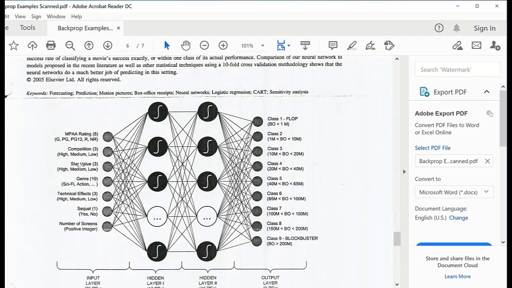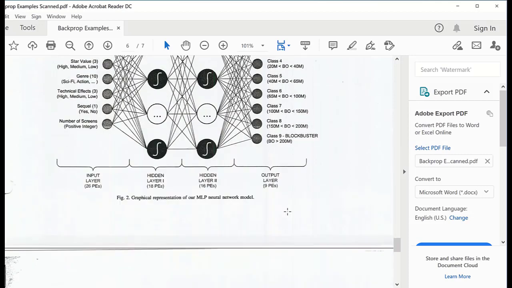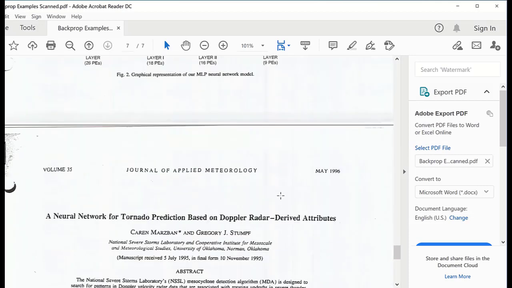Does it star somebody really popular where people will go see the movie no matter whether it's good or bad? First thing you have to pay them more, right? Is it a comedy? Is it action? Is it sci-fi? Does it have cool technical effects? Is it a sequel? How many screens is it going to be released in? And they were trying to predict whether it's a flop or a blockbuster. And so they did some training on that.